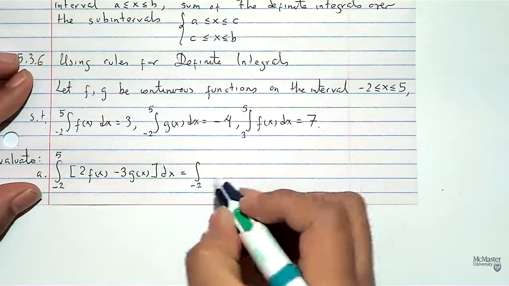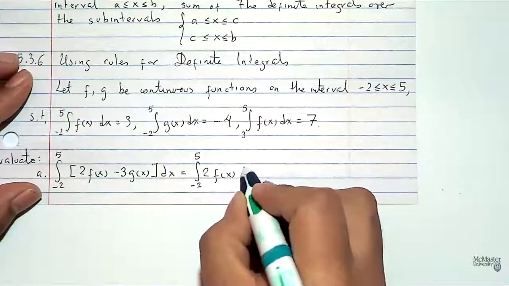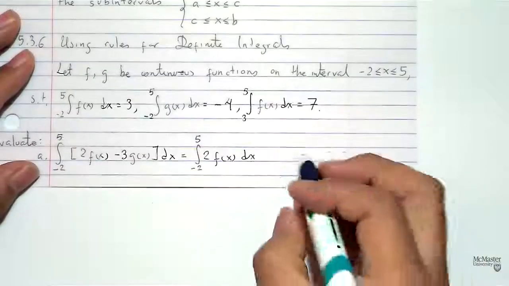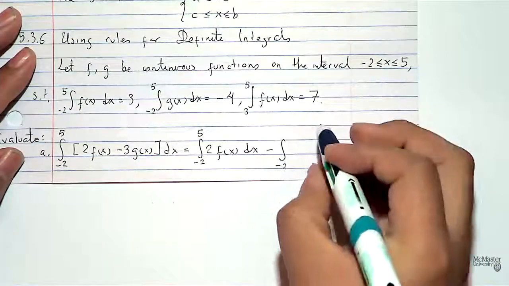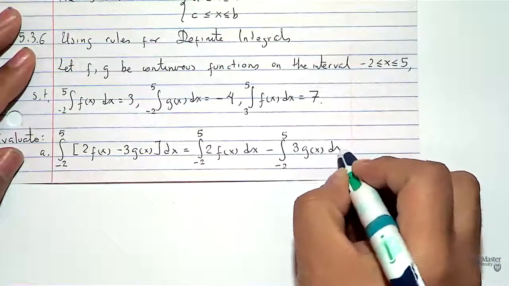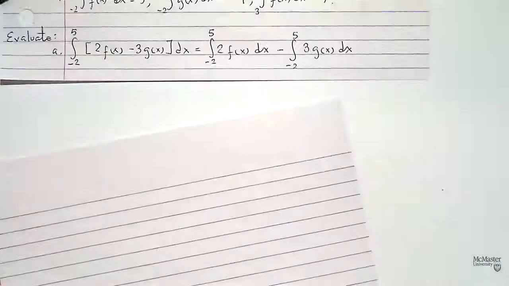Integral from -2 to 5 of 2f of x dx. I'm going to go over baby steps. I know I could make 2 steps in once, but okay, we're studying this problem. Okay, this from -2 to 5 of 3g of x dx. So I took the difference between the two integrals. Then, of course, I can take out the constant terms.